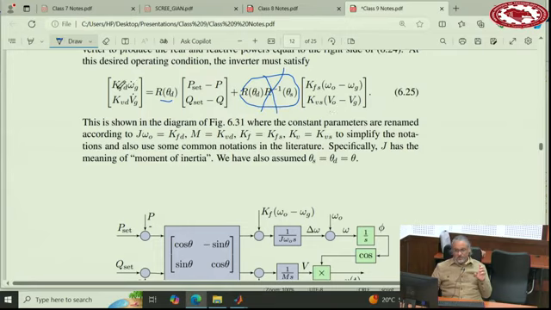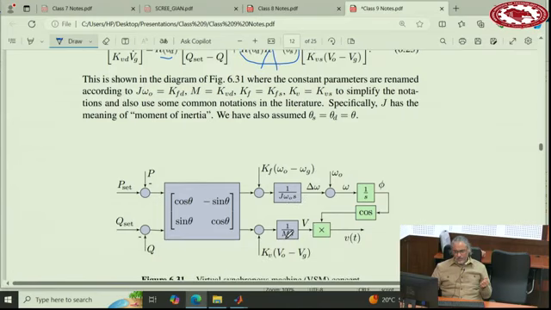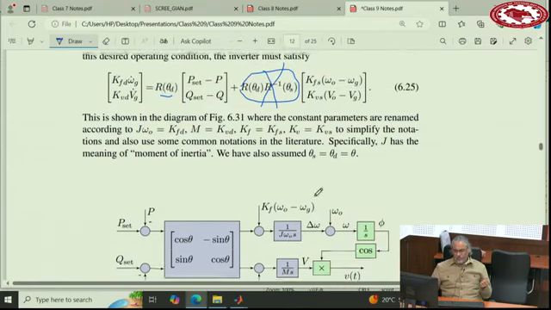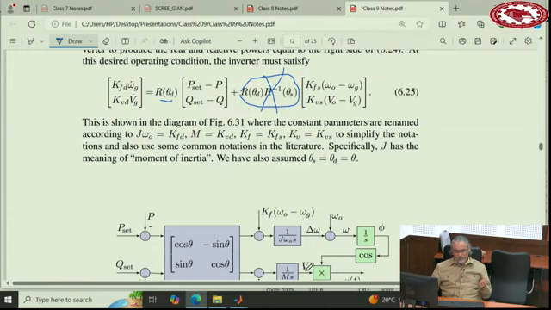So divide by KFD, divide by KVD, and then I use the terminology that people in VSM use: 1 over J omega S and 1 over M. If you integrate them, one of them gives you frequency, one of them gives you magnitude. So these are the internal frequency and internal magnitude of the converter voltage.